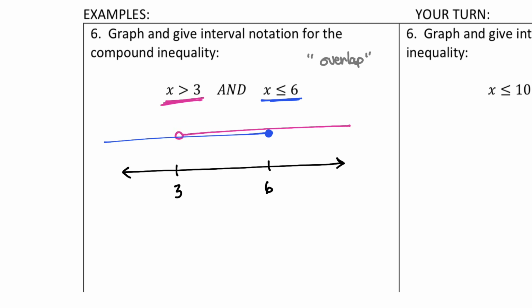So the pink one I'm going to drop right on top of the blue one. And right in here is where they overlap. That is my purple part, if you will. It starts at an open circle and it ends on that circle.